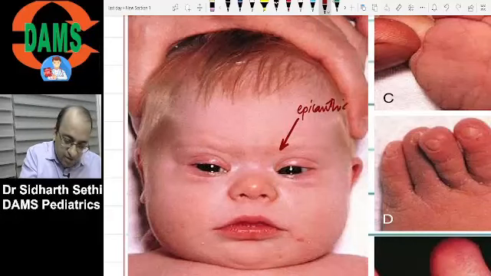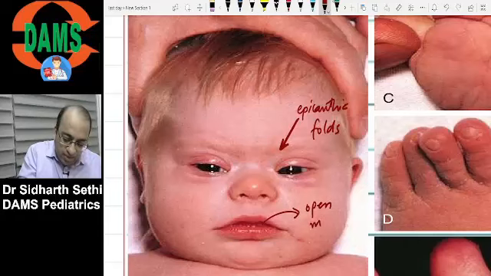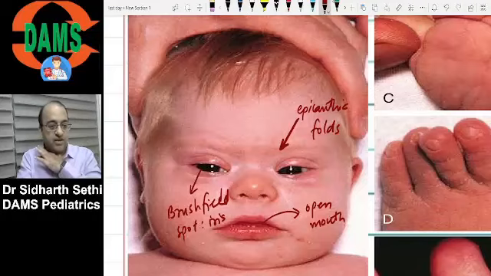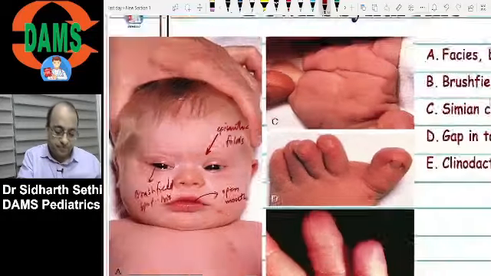Open mouth with hypotonia. In the iris, remember, they have Brushfield spots in the iris.